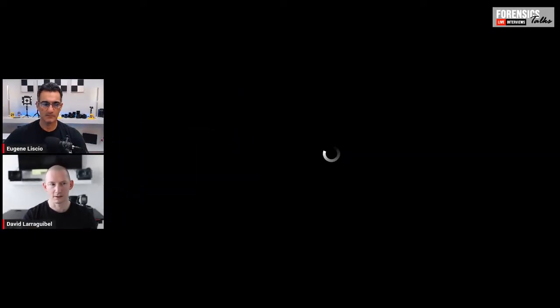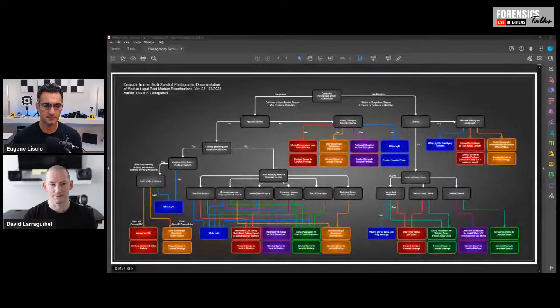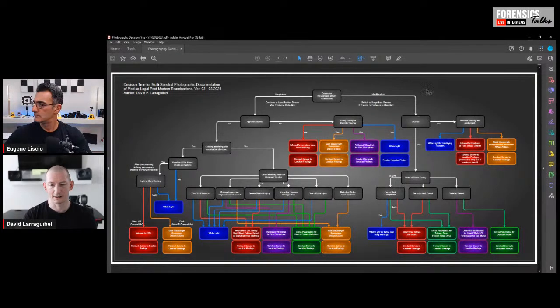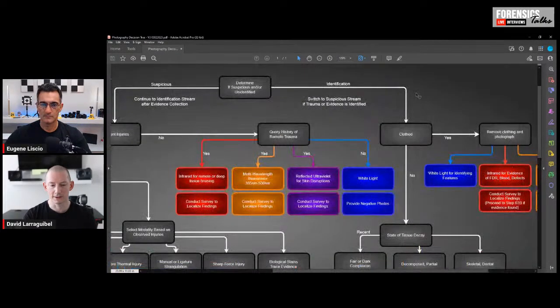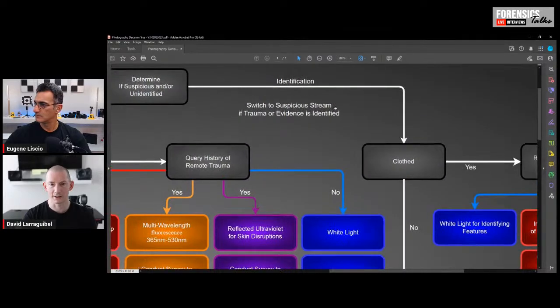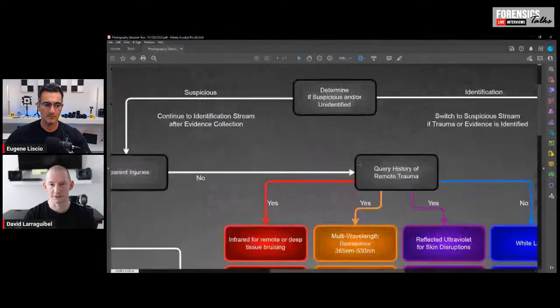Are they dark skinned? Do they have a lot of trauma? Are they covered in any grease or mechanical fluids? Are they decomposed? Are they burned? Depending on how they visually present, that will help us determine what type of visualization we're going to go for.